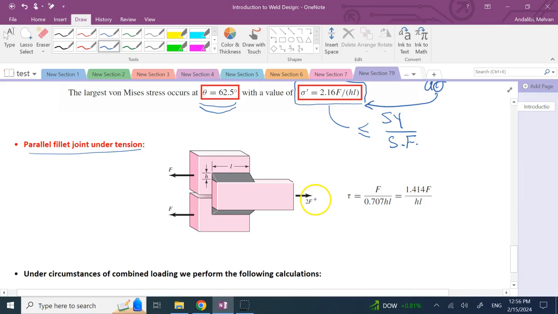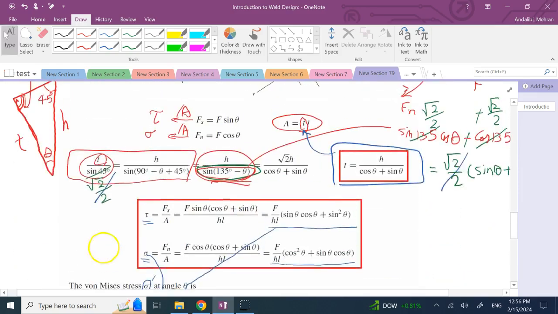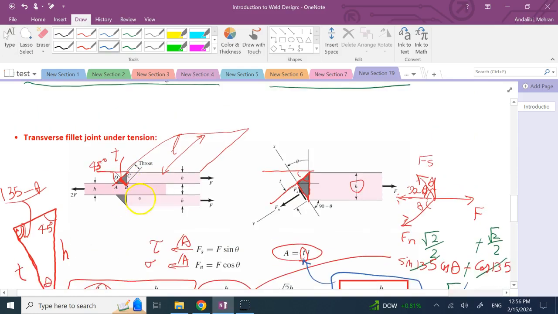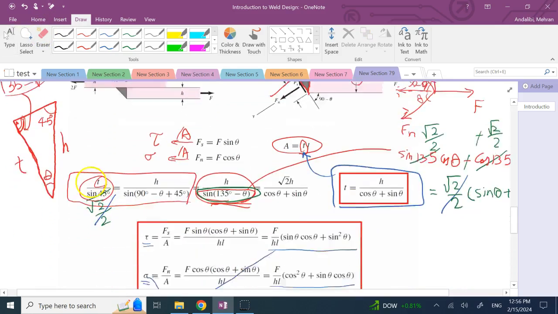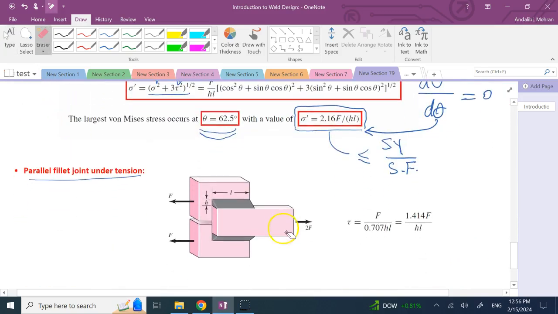In this case, it's quite similar to this scenario with some differences. If you look at the shape of this one and the shape of that, you see some major differences, but some similarities at the same time.